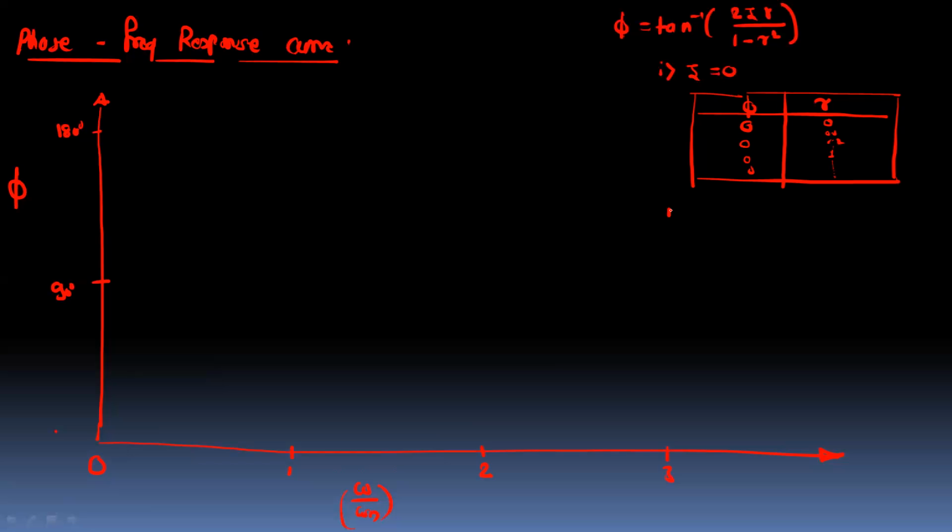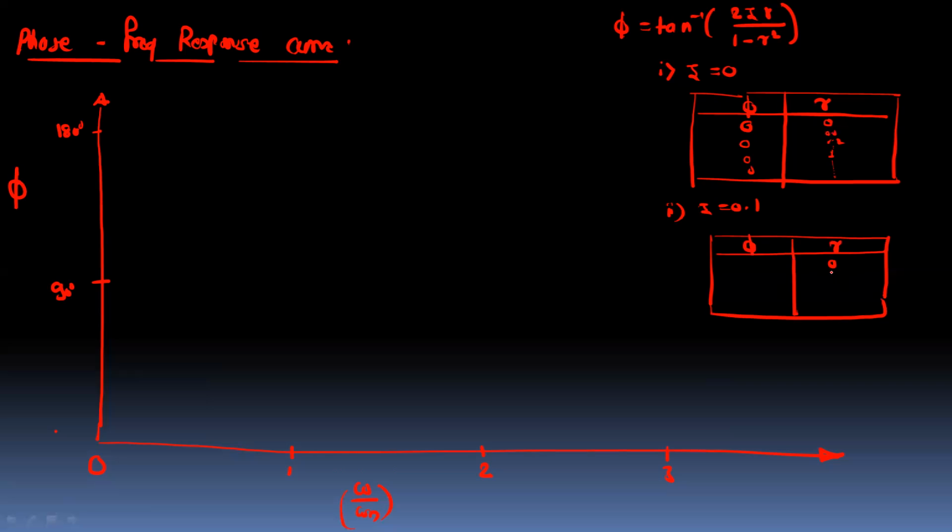For your second graph, you select the zeta value to be 0.1. Put zeta 0.1 and now increase the frequency. Find out the different values of phi by changing the frequency.